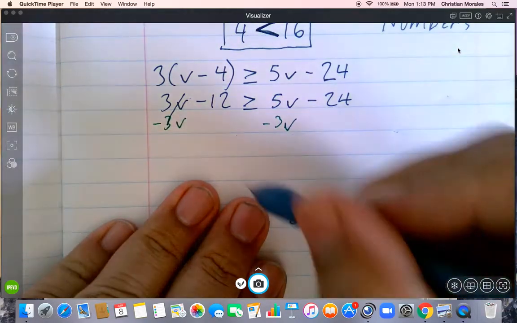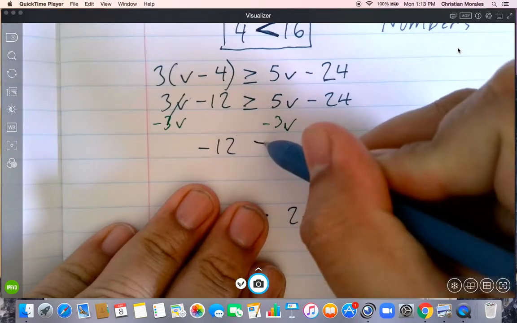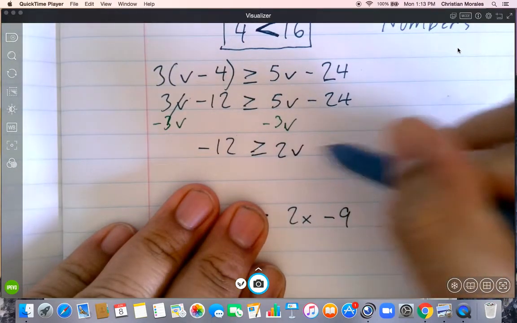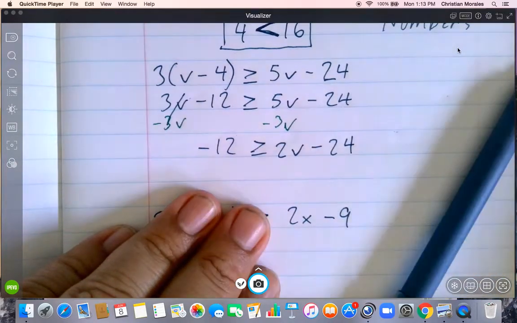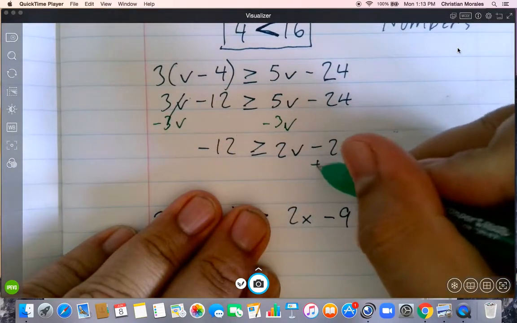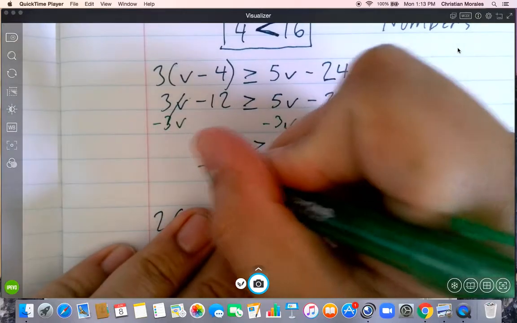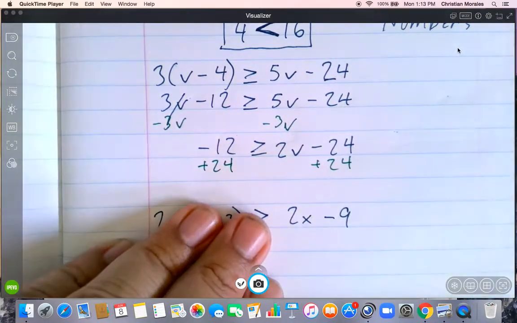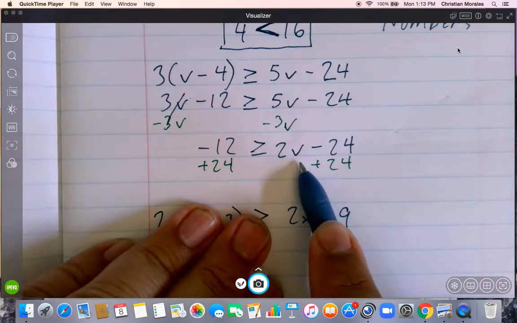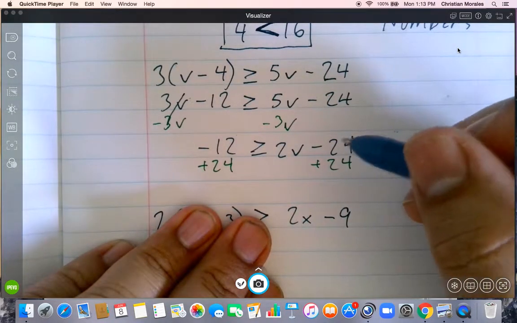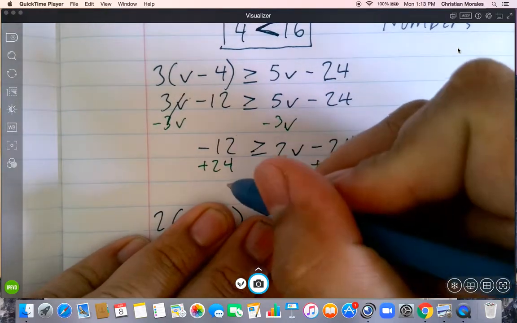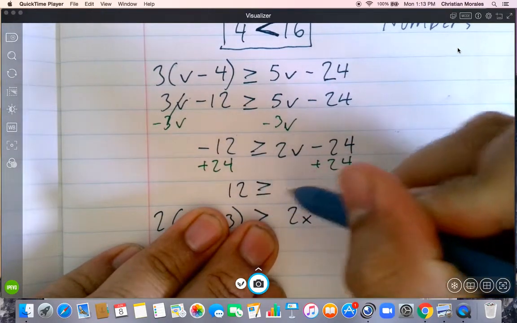You're going to be left with 2v minus 24. Okay, I want to move that 24. So I'm going to add 24 to this side. And the reason I add the 24 is so the v can be by itself. I want this letter to be the last thing here. So I end up with 12 is greater than or equal to 2v.